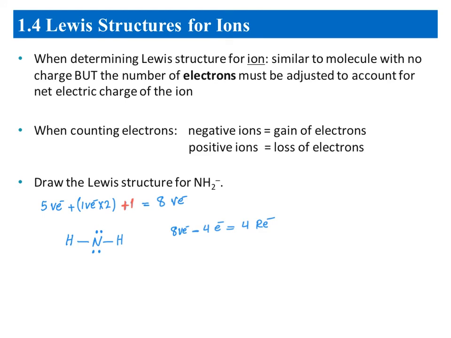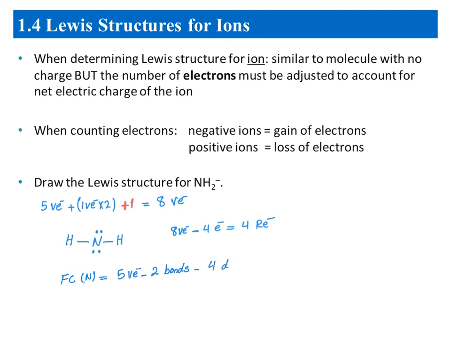And at last we need to calculate the formal charge. So the formal charge for nitrogen is the number of valence electrons, 5, minus number of bonds, it has 2 bonds, and minus the number of dots, which is 4.